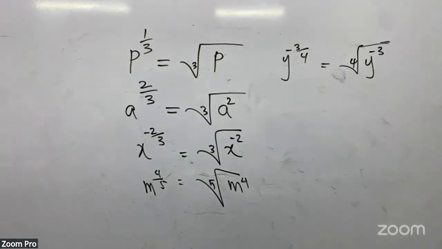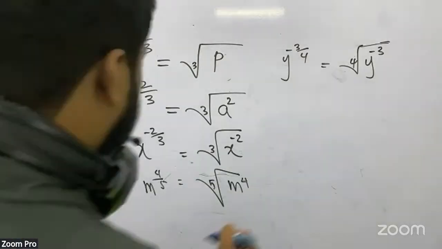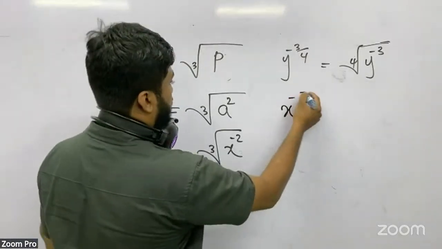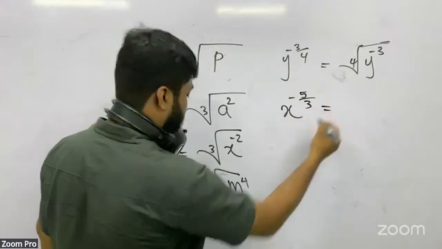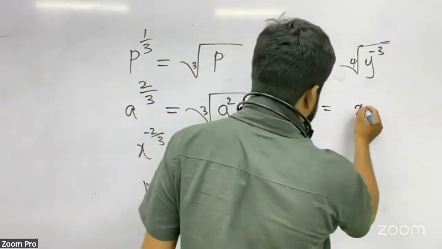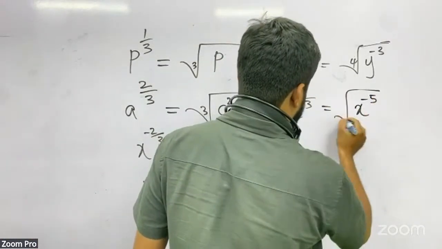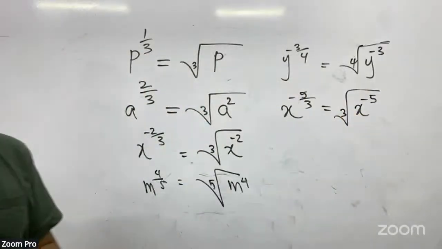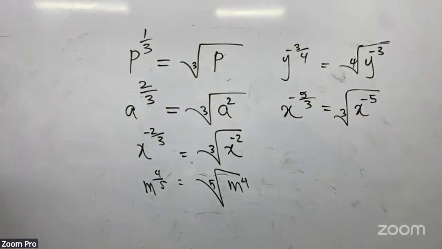Next, this next one is y to the power... I didn't do that. No, minus 3 over... I did. It was x to the power minus 5 over 3. X to the power minus 5 over 3, how should we write this? X to the power minus 5 over 3. Is it clear? Right, nice.